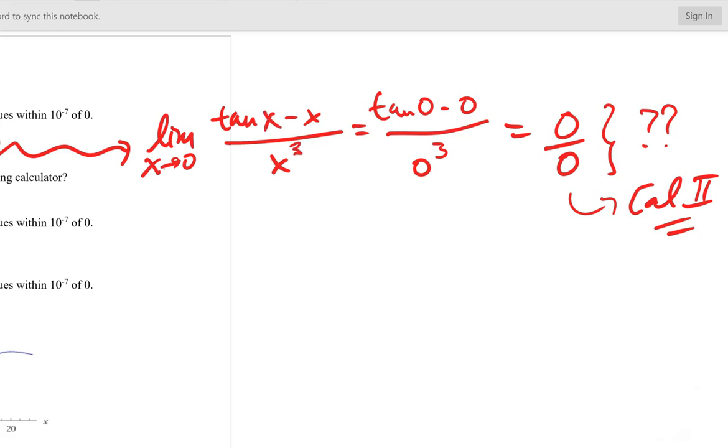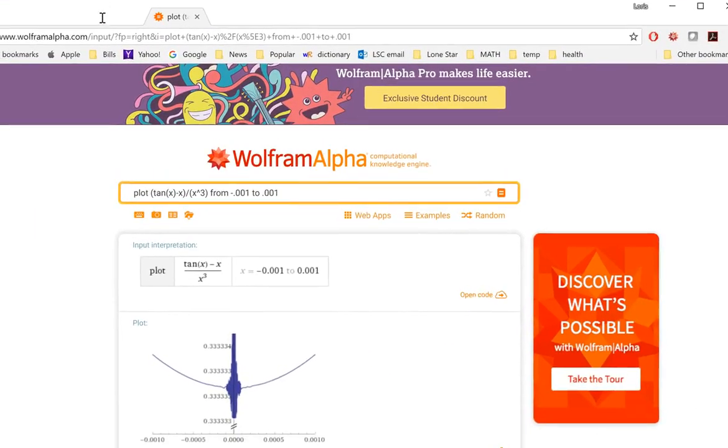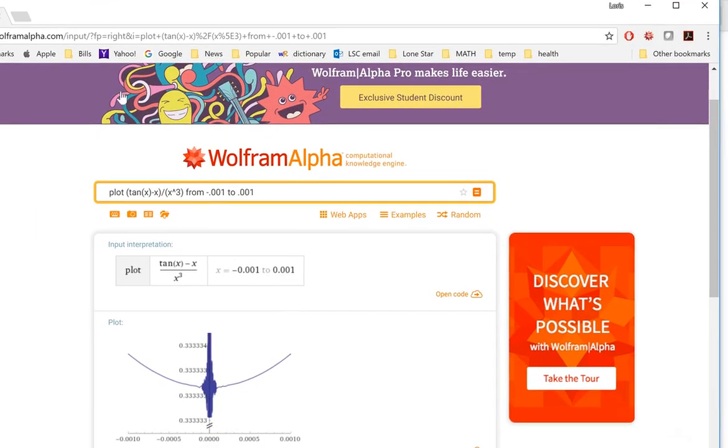All right. So what I'm going to do is I'm going to pull over Wolfram Alpha. We're going to plot this puppy. And I've already plotted it here.